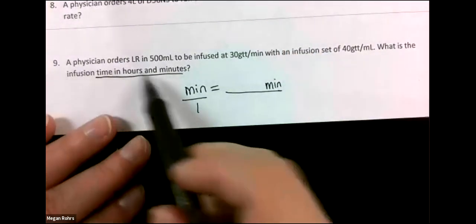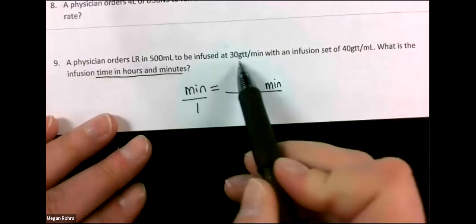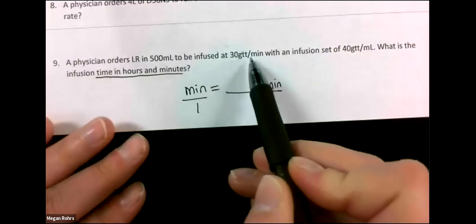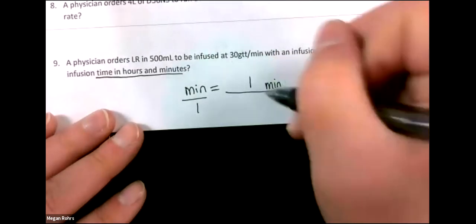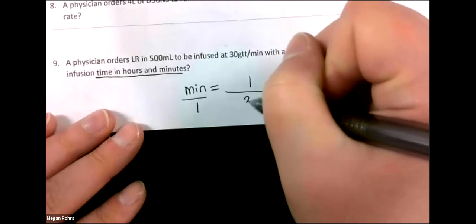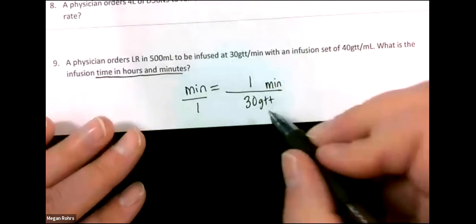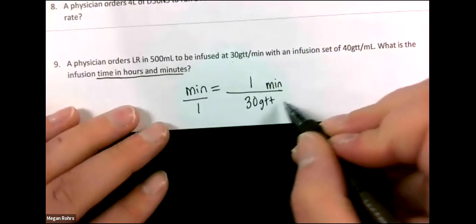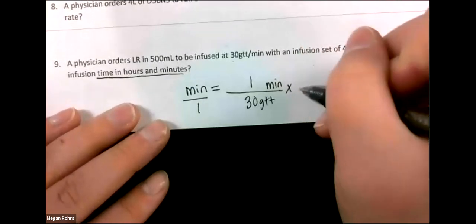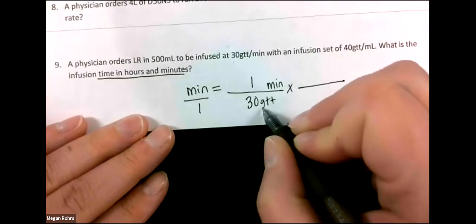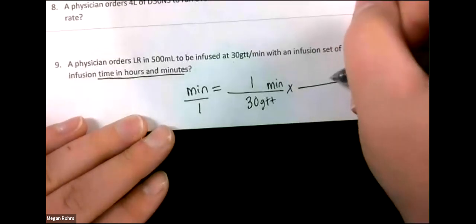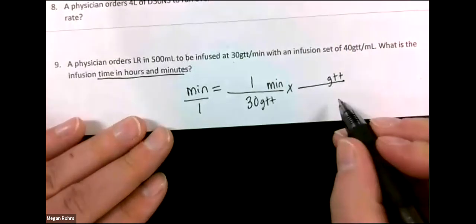So looking at our information here, we know that there's 30 drops per 1 minute. So I want my minute on top, so I can flip this around. I know that in 1 minute, 30 drops are running, okay? So now, next step, set up the next fraction to where the numerator here matches the denominator here. So I want drops on top.